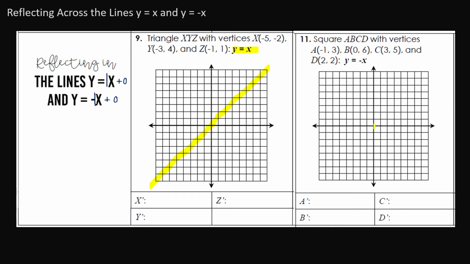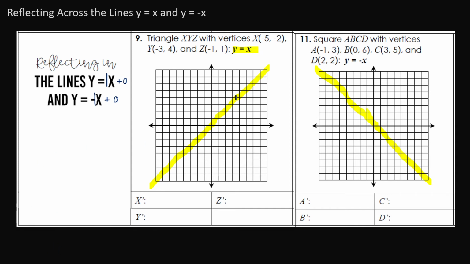The y-intercept is 0, and the slope is -1. So we move down 1, right 1, down 1, right 1 for all points. There we go.